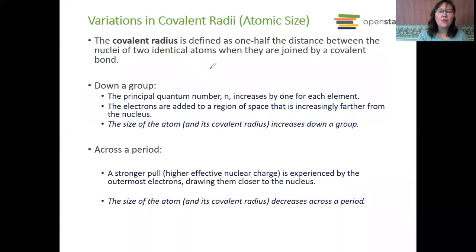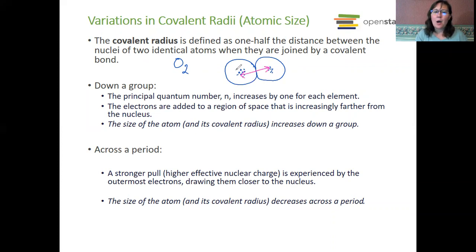So an example of covalent radius, let's say that we're looking at oxygen gas, okay? And in oxygen gas, we have our 2 oxygen atoms there, and here we've got our nuclei in the center. And the covalent radius, well, here's our distance.